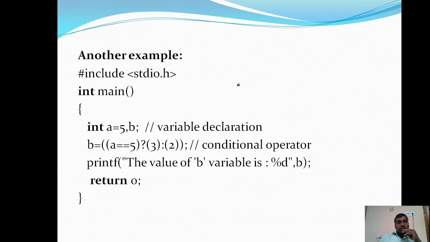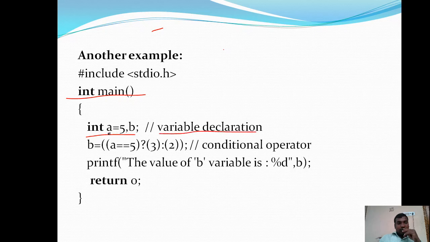Now here is another example. We have #include <stdio.h>, then int main. This is the main function. Then int a = 5, b. These are the variable declaration statements.